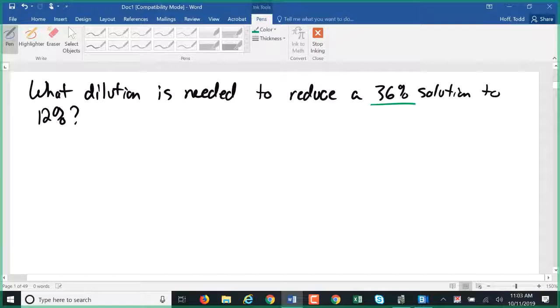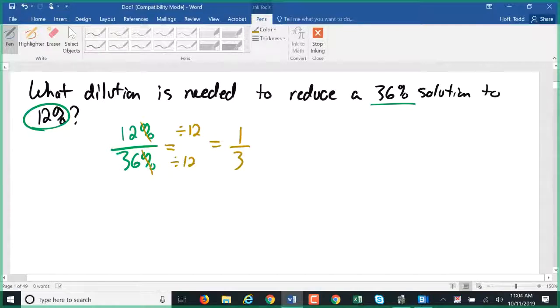We're going from 36% to 12%. Cancel out our percent symbol and reduce that dilution. Both 12 and 36 are divisible by 12. That reduces to 1 out of 3. So a 1 out of 3 dilution, or 1 in 3 dilution, is required to dilute a 36% solution to 12%.